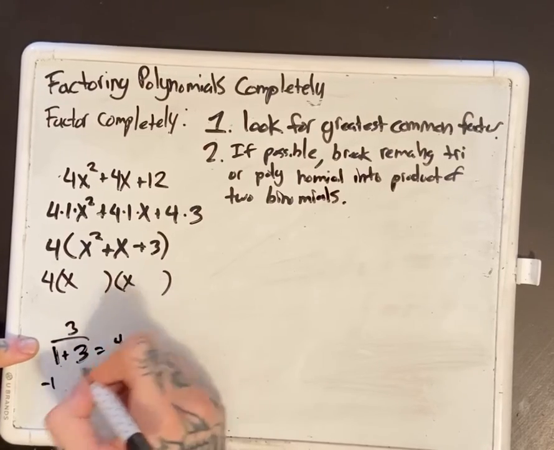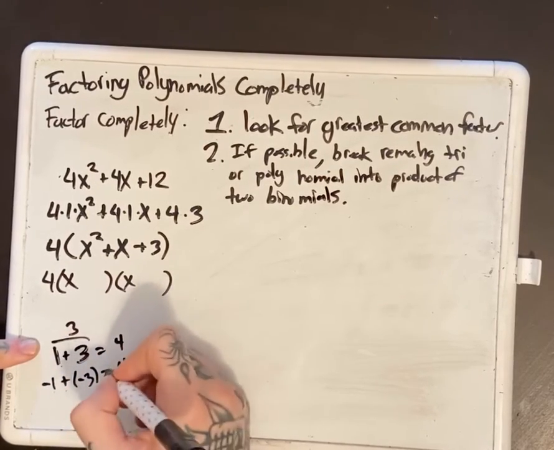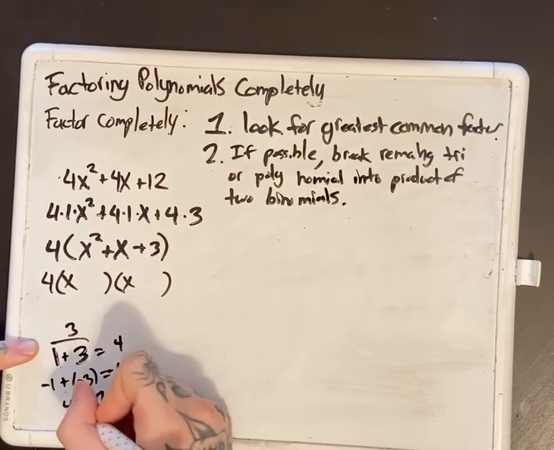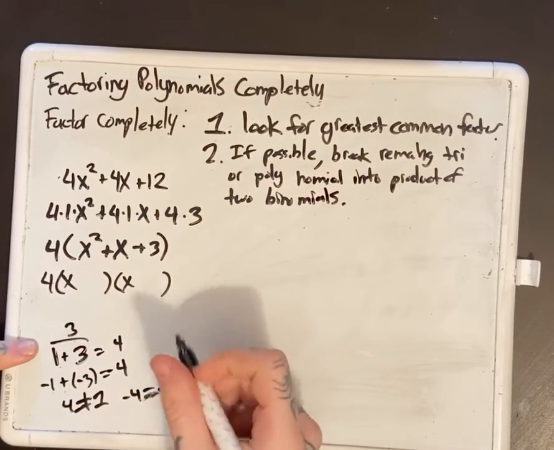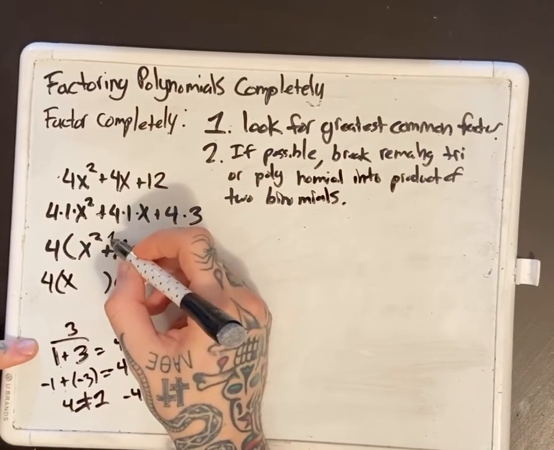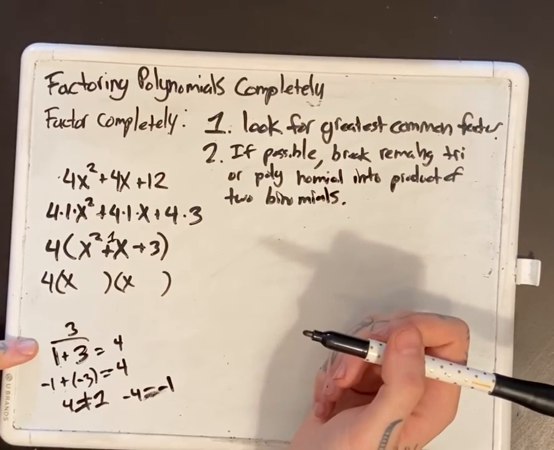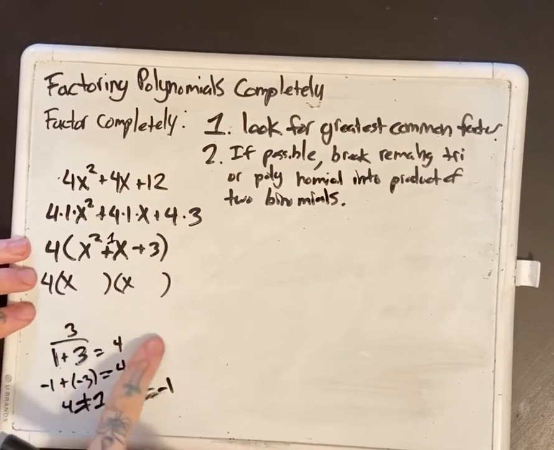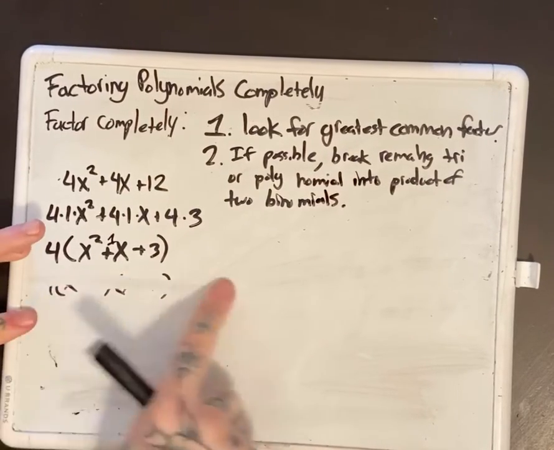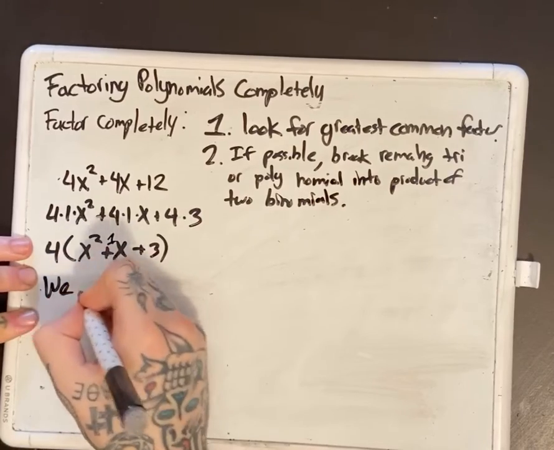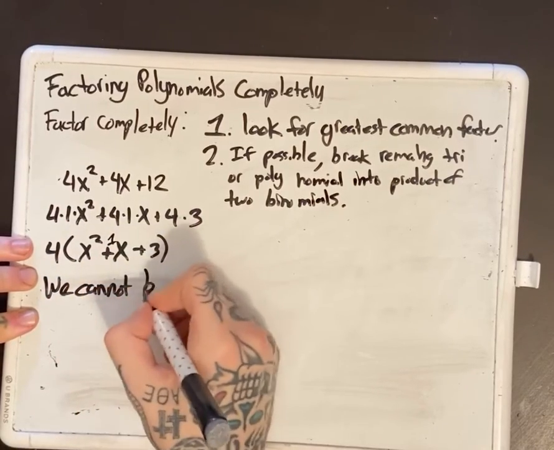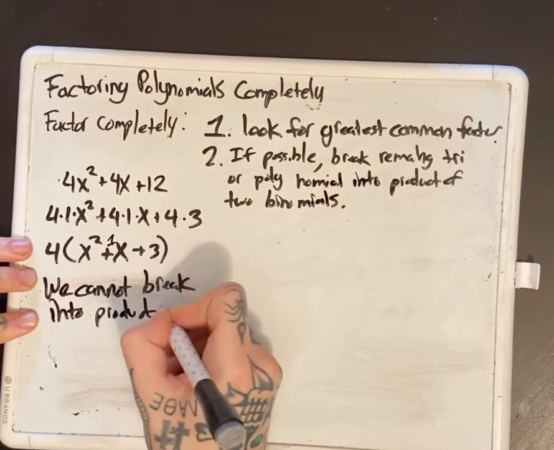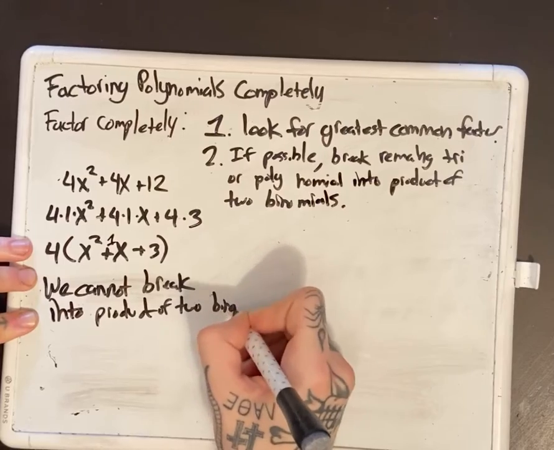So 1 plus 3 is 4, -1 plus -3 is -4. 4 does not equal 1. -4 does not equal 1. Okay? Because we want it to equal the 1 here to follow our pattern. So there is nothing that adds to 1, so we cannot break into product of two binomials.